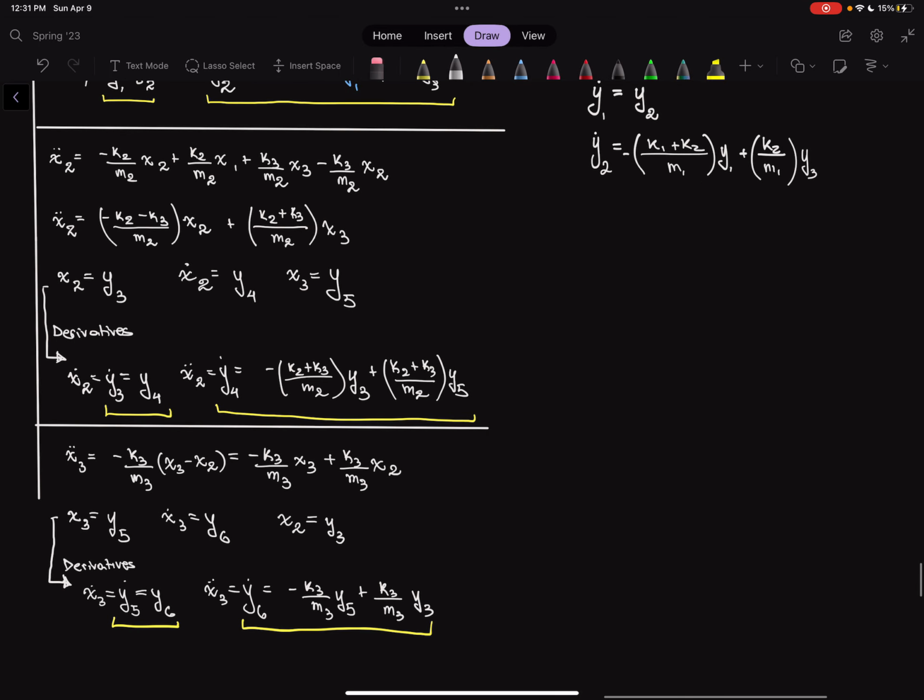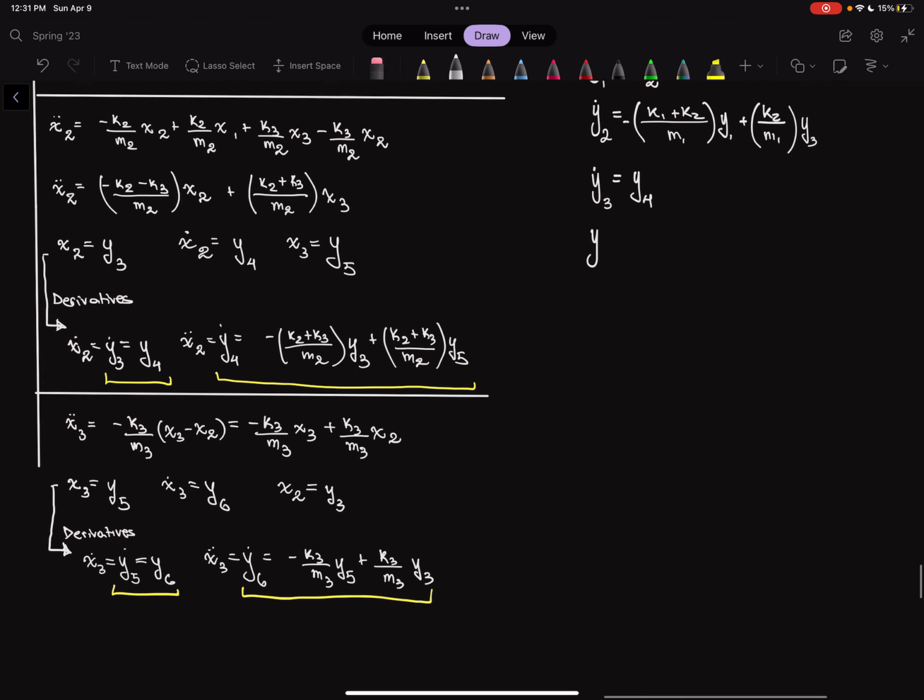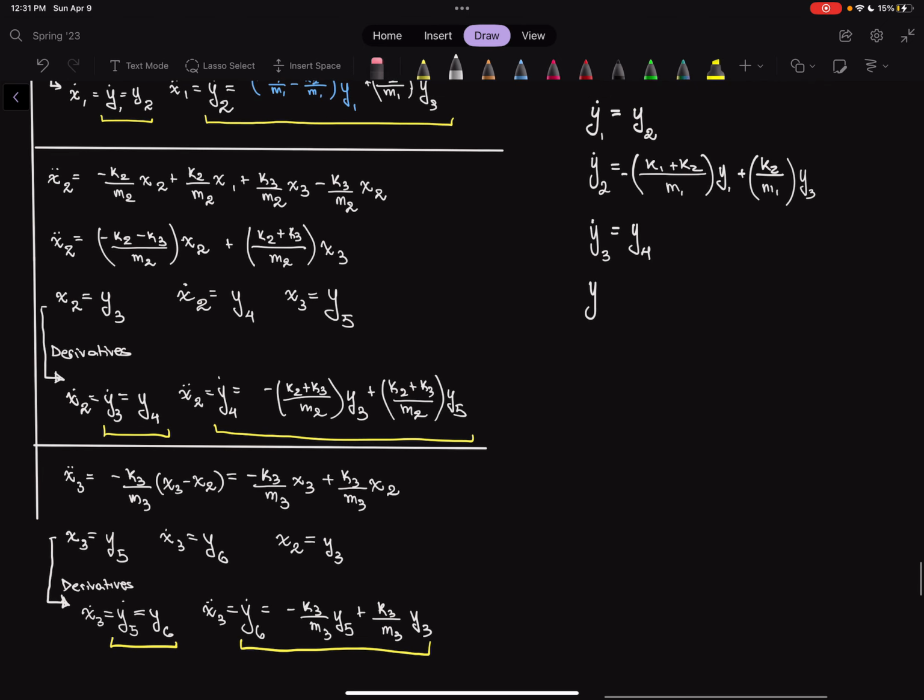Then we have y dot 3, which is equal to y4, and y dot 4 is equal to negative k2 plus k3 divided by m2 times y3 plus k2 plus k3 divided by m2 times y5.